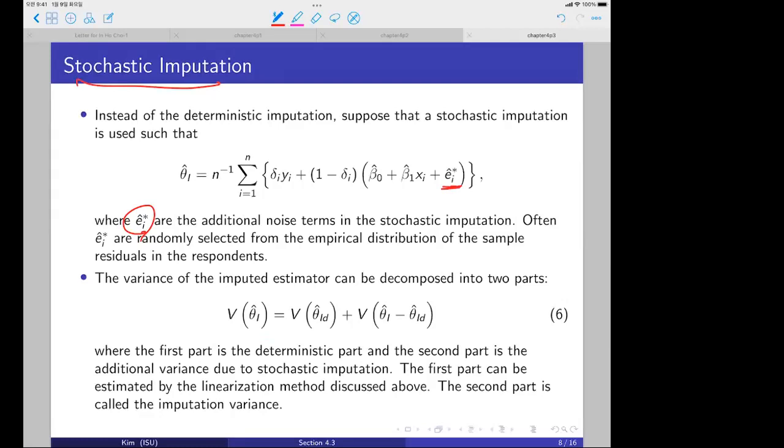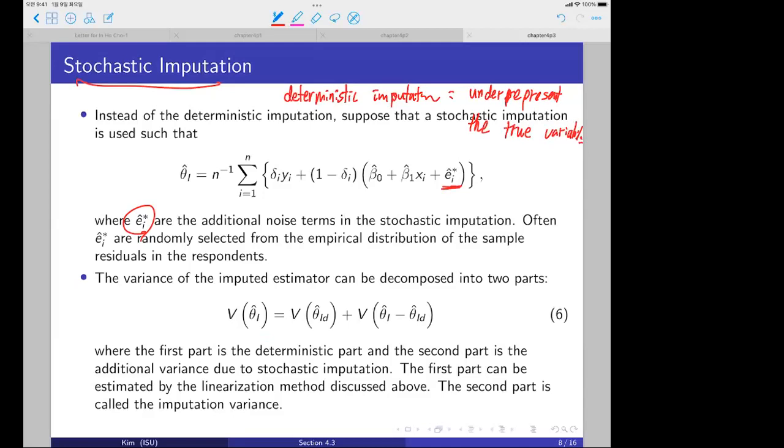One drawback of deterministic imputation is that you underrepresent the true variability. What does that mean?